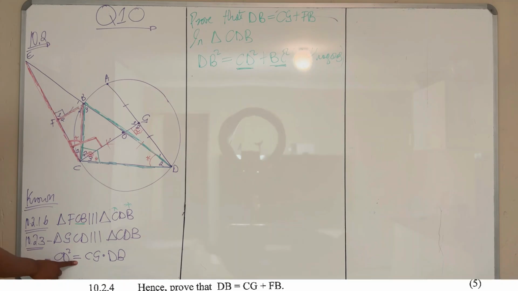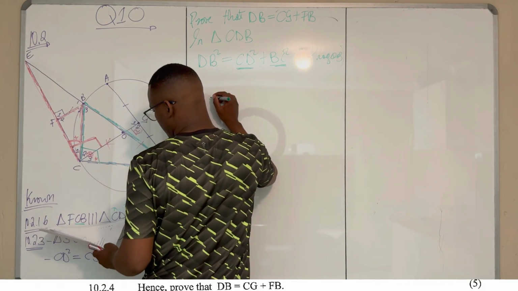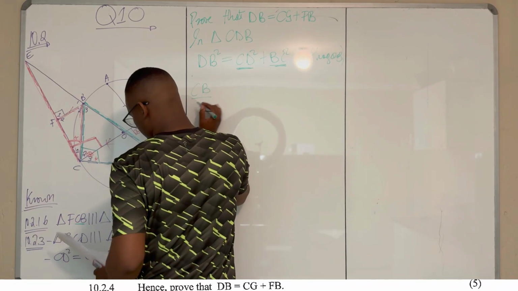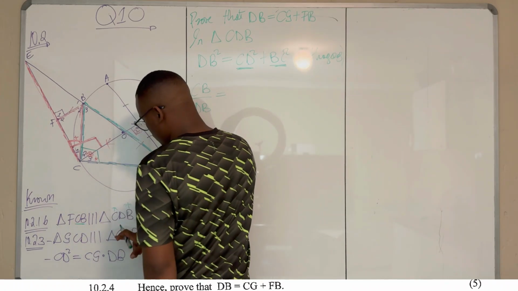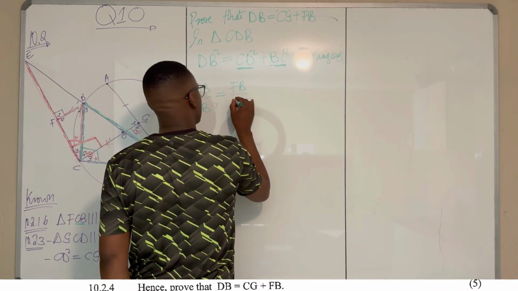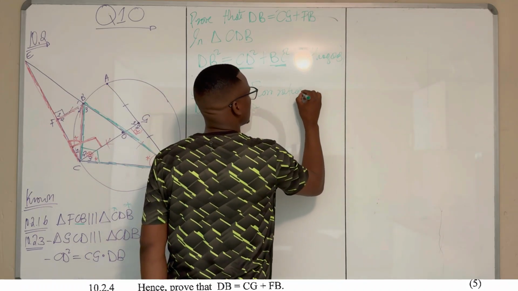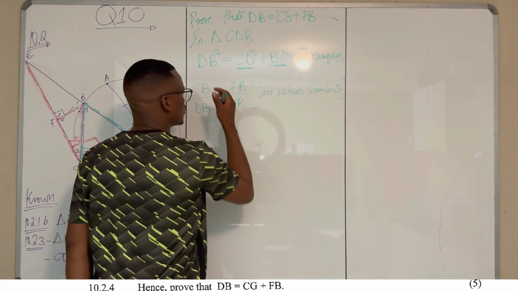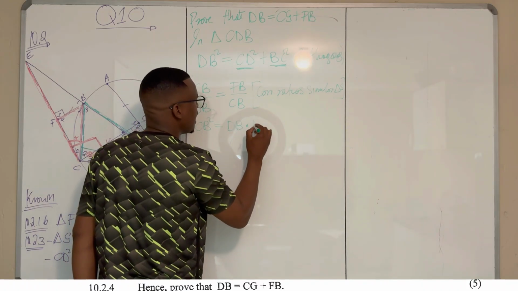So we'll say CB over DB is equal to FB over CB. These are corresponding ratios of similar triangles. So cross multiply here, you get your CB squared is equal to your DB times FB.